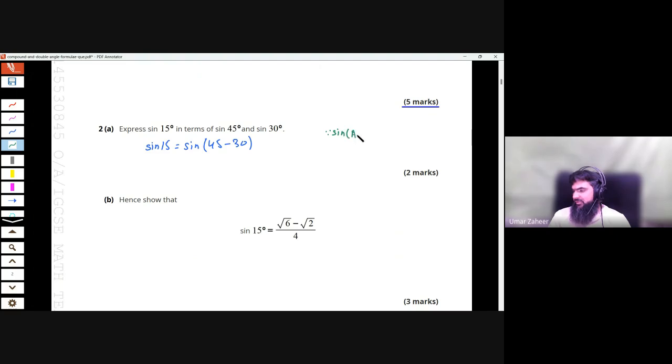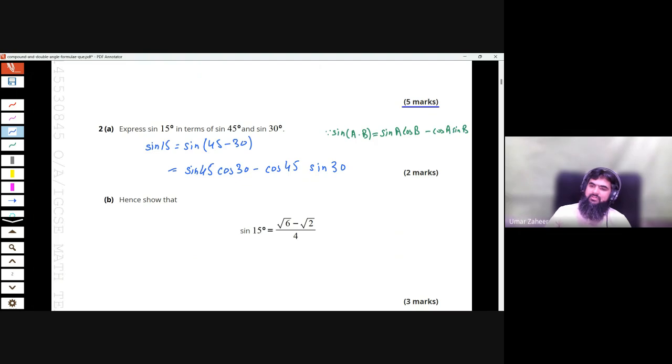The sine of A minus B is equal to sine of A cos of B minus cos of A sine of B. So we'll get sine 45 cos 30 minus cos 45 sine 30. We have to write the values in terms of 45 and 30.